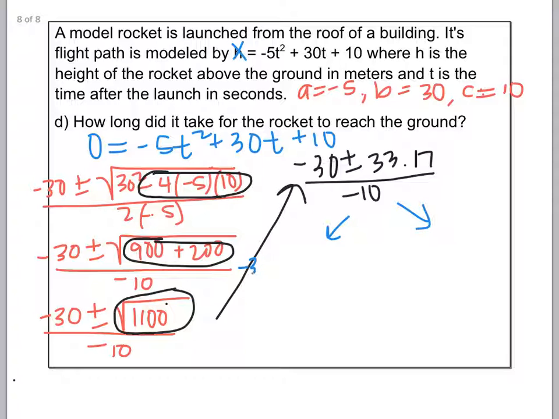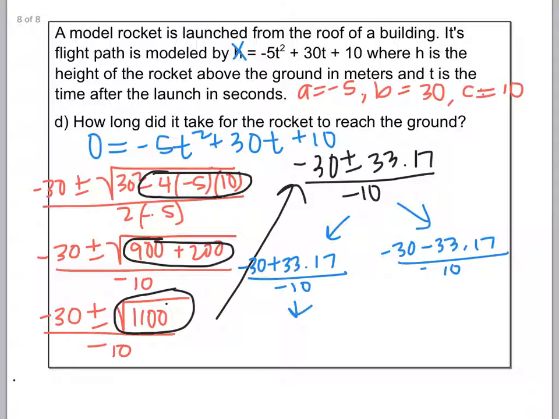So I'm going to have negative 30 plus 33.17 over negative 10, and negative 30 minus 33.17 over negative 10. I simplified both of those. So negative 30 plus 33.17 gave me 3.17, and then I divided by negative 10, and I got negative 0.317 as my first answer. Second one, I did negative 30 minus 33.17, and I got negative 63.17, and I divided that by negative 10, and I got 6.317.